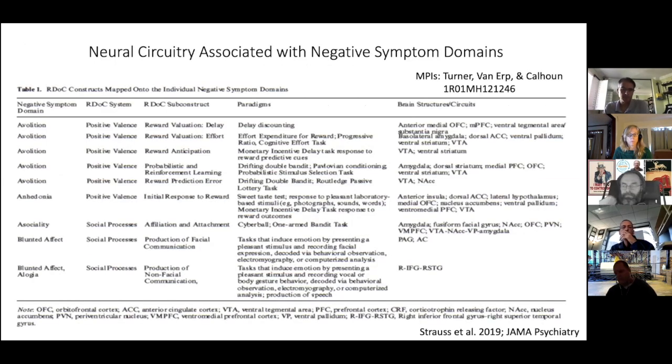So with Jessica, Vince, and I basically ended up submitting an R01 to further develop COINSTAC for ENIGMA. We based this on an idea of looking at negative symptom domains. What was nice is that Strauss in 2018 published a paper where he laid out the framework for RDoC constructs related to negative symptom domains, and he also linked that to brain structure circuits.